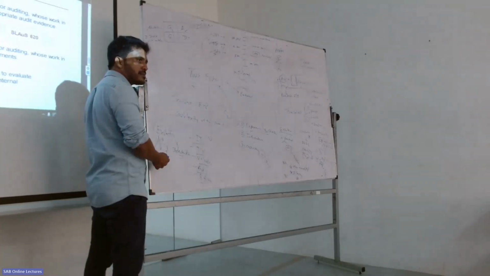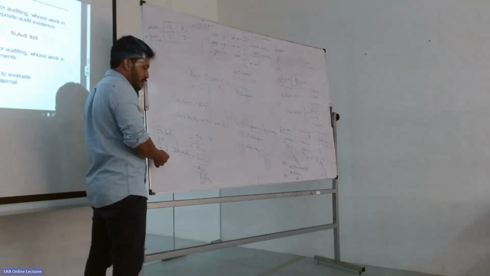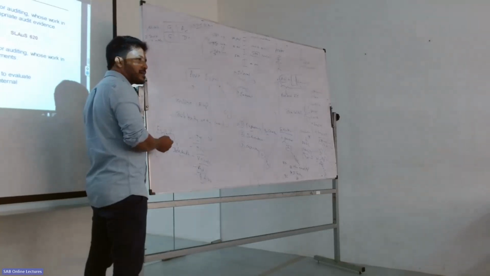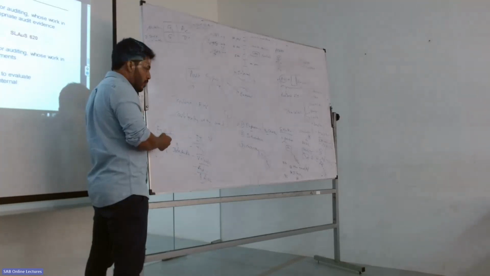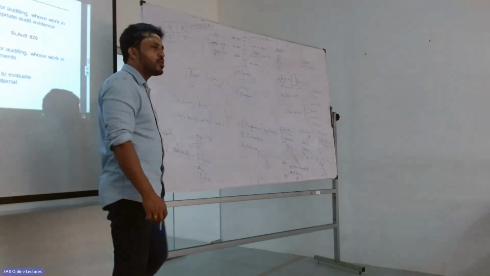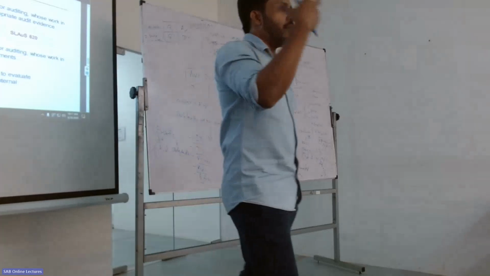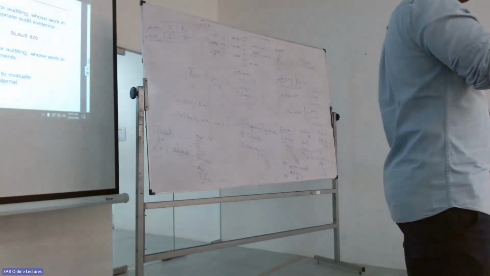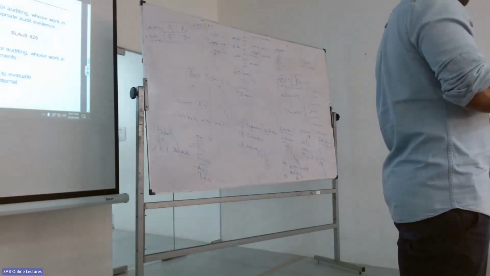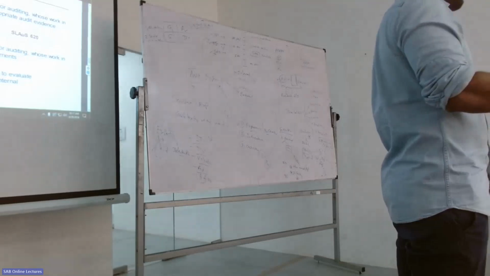You can't say that. You are responsible for the expert's result, and you need to understand that conclusion, and accordingly you have to give your audit opinion. Simply having an expert in your audit team, you can't deviate from your responsibility.